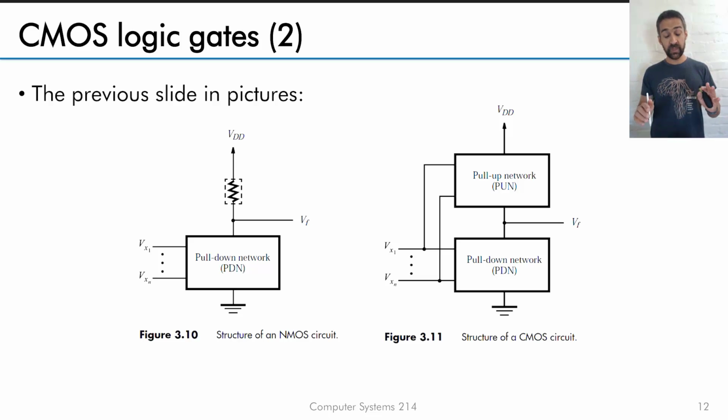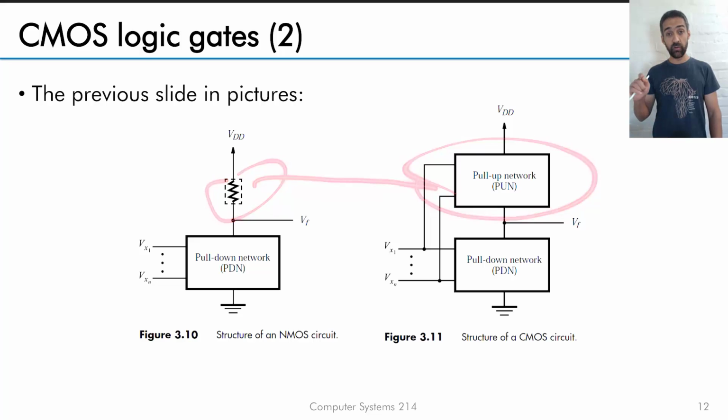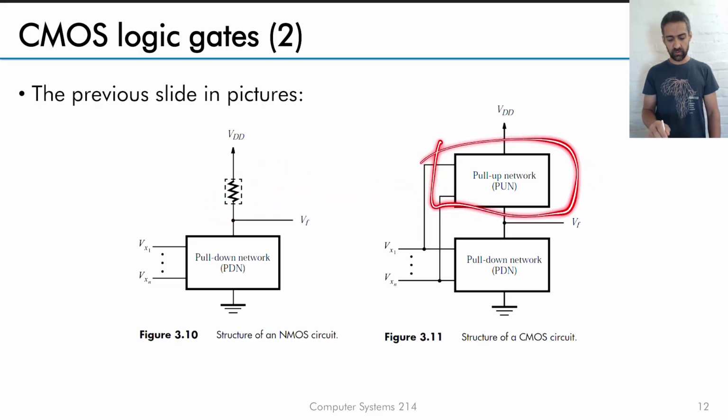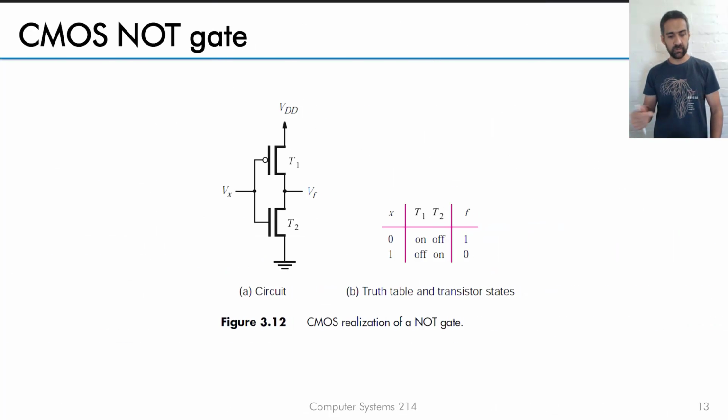That's its purpose. Now we're going to say, rather than have this resistor do that function, we're going to use a pull-up network of pMOS transistors. And this pull-up network of pMOS transistors, we will drive using exactly the same inputs. So we need to figure out a logic structure at the top that complements the logic structure at the bottom. Hence the name complementary MOS transistors.